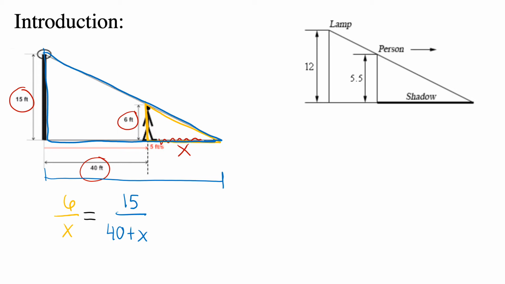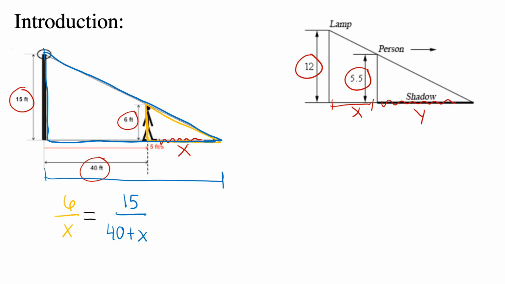Looking over at our second example, here we have the height of the person and the height of the lamppost, but that's pretty much all of the information we have at this time. So here I'm actually going to fill in two variables. I'm going to fill in an x for this piece here and a y for the shadow.